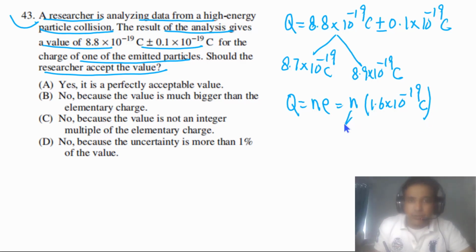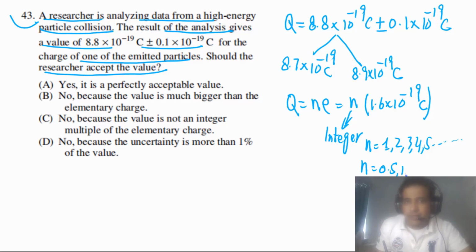N has to be an integer number, means n can be 1, it can be 2, it can be 3, 4, 5, and so on. But n cannot be 0.5, n cannot be 1.5, n cannot be 2.5.